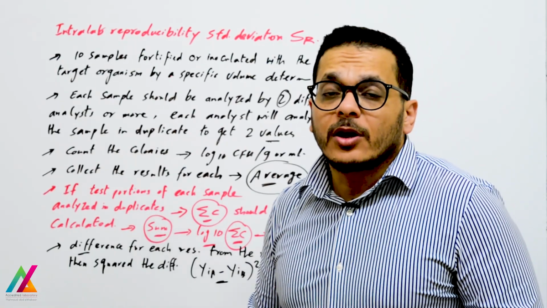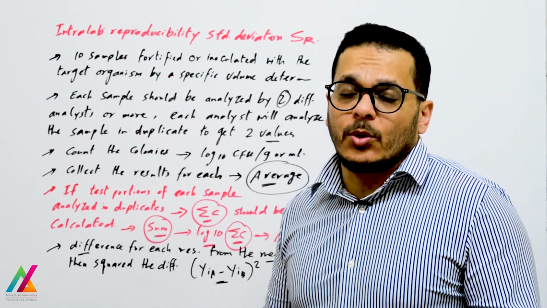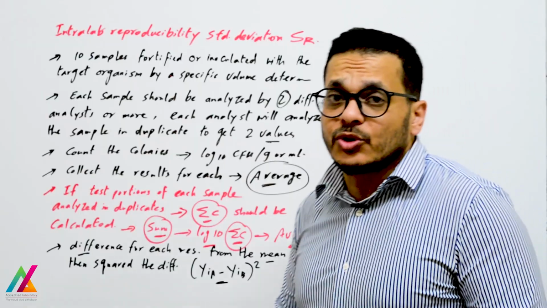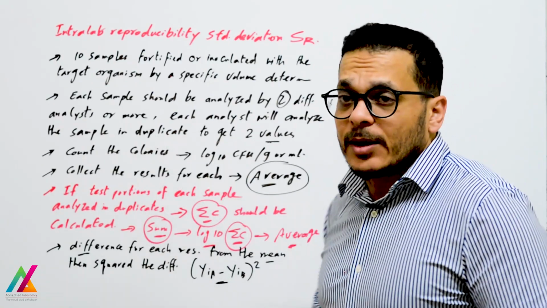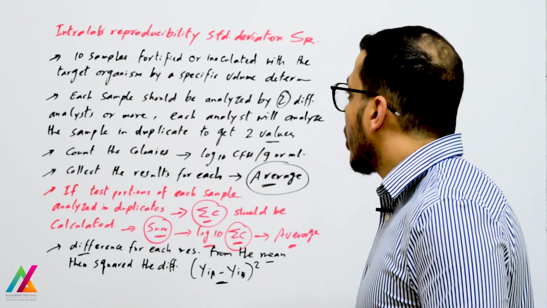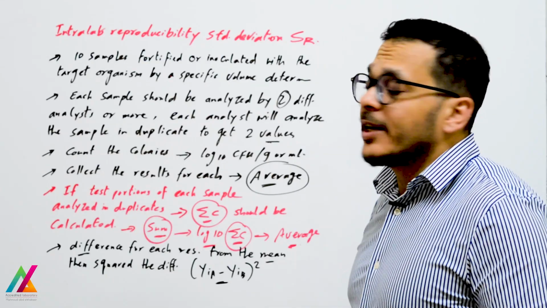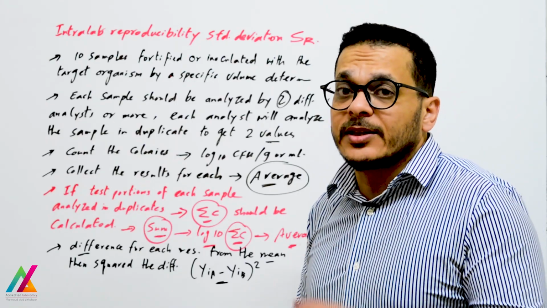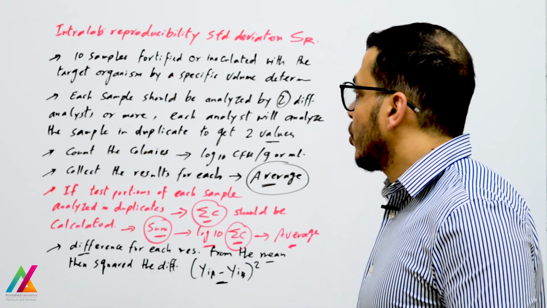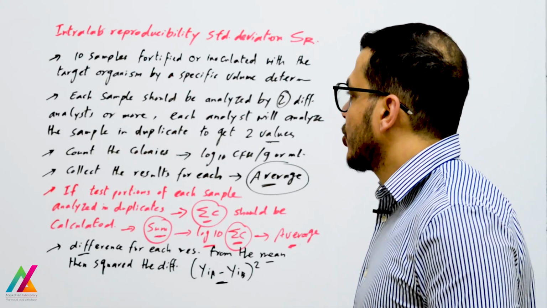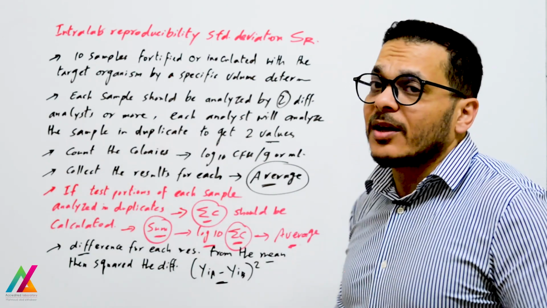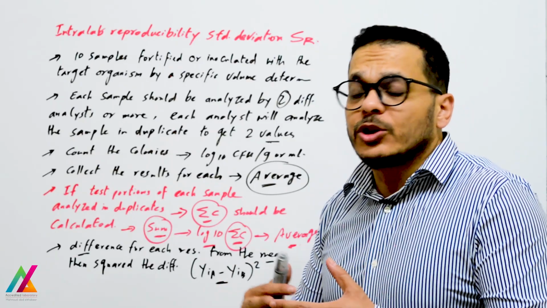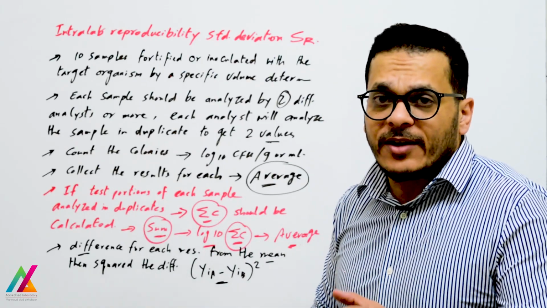And to clarify what we have explained until now in the calculation of standard deviation of intra-lab reproducibility, at the beginning 10 samples will be fortified or inoculated with the target organism by a specific volume determined before, as I explained in the lecture on artificial contamination or artificial inoculation. Each sample should be analyzed by 2 different analysts or more, according to the number of microbiologists you have in the lab.